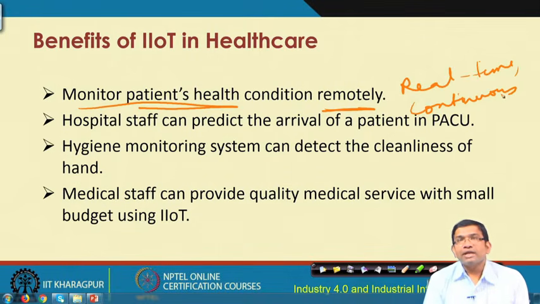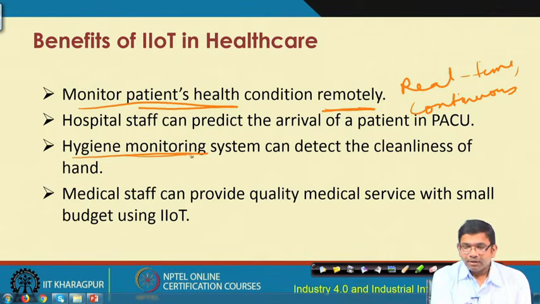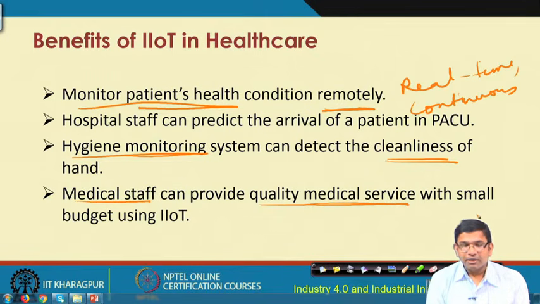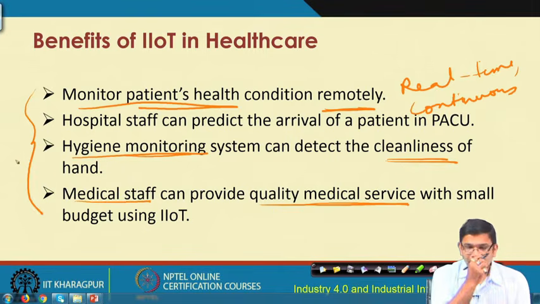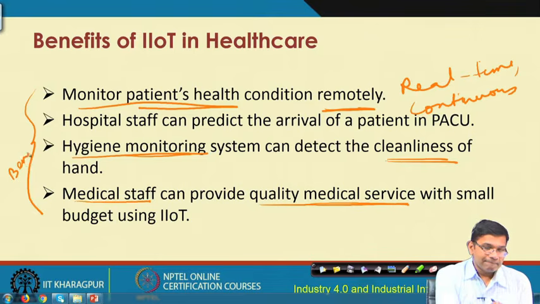Hospital staff can predict the arrival of a patient in their emergency units. It is also possible to have a hygiene monitoring system, which can detect the cleanliness of the hospital and the healthcare facility. Medical staff can provide quality medical services with a small budget using IIoT. So, these are some of the many benefits that IIoT implementation in healthcare can provide.